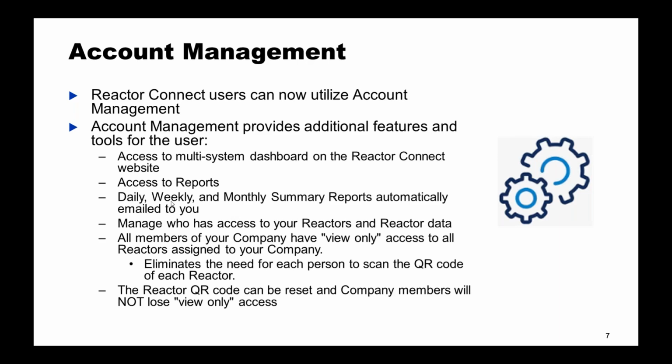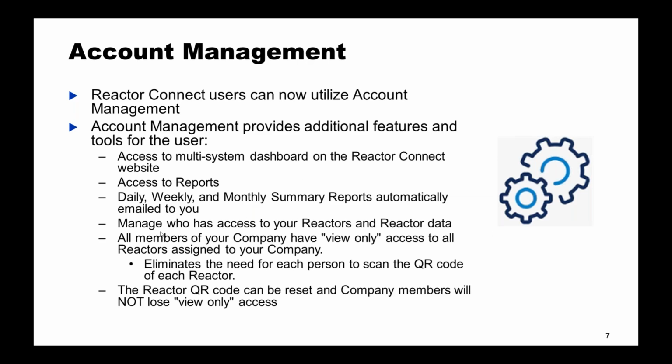At the end of the week, we'll send you a weekly summary report, and at the end of the month, we'll email you a monthly summary report, summarizing all your data for your fleet over that time period. So it's a no-brainer. You don't have to think about going to run a report. It shows up in your inbox. You can quickly review it and get a sense of how your fleet was performing over that time period.